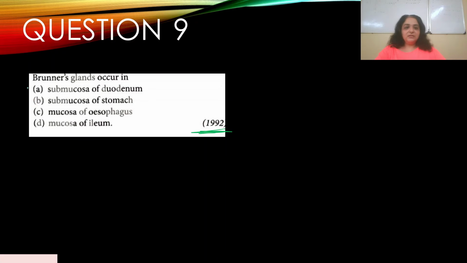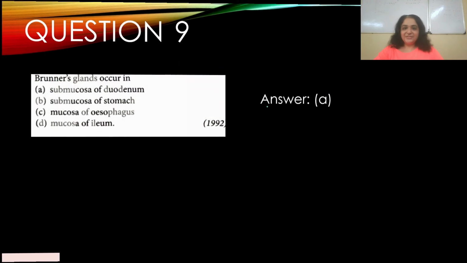So Brunner's gland occurs in submucosa of duodenum. All right, this is clear. I told you Brunner's gland is very exclusive to duodenum, so you have to remember that piece of information. This appears to be important because it has occurred multiple times in the exam. So your answer should be A. Let's go to the discussion.